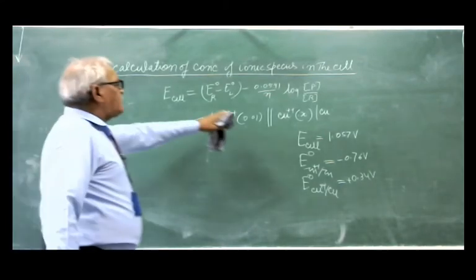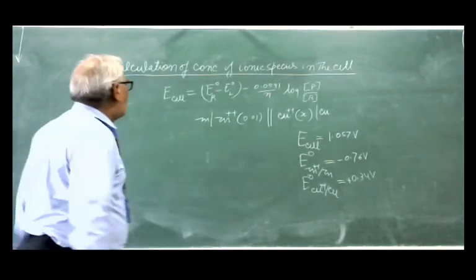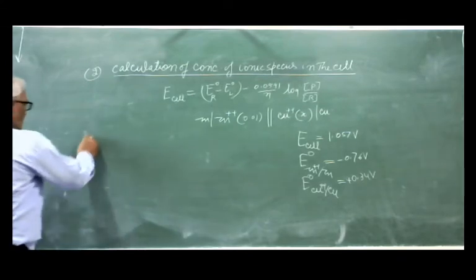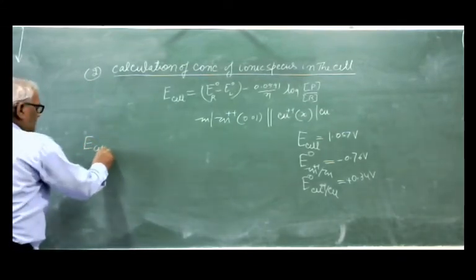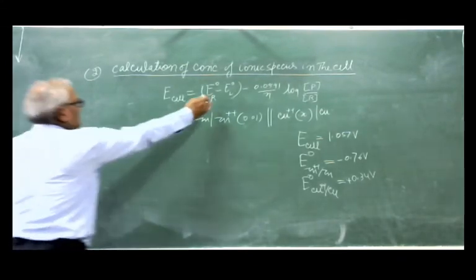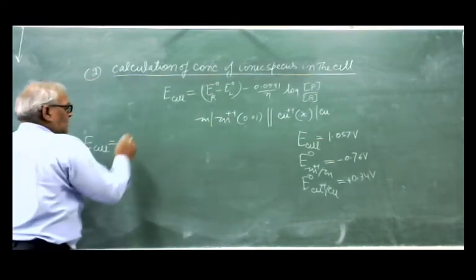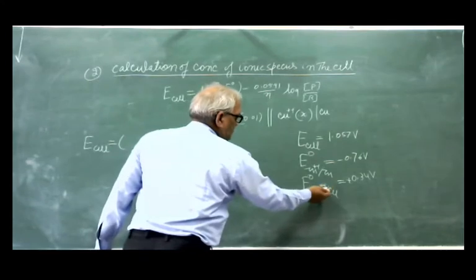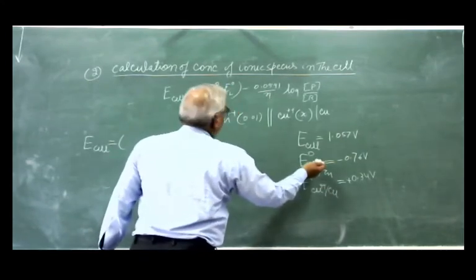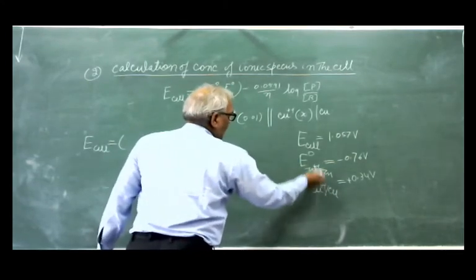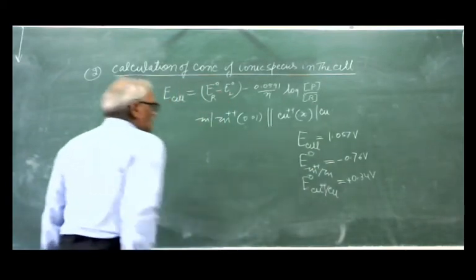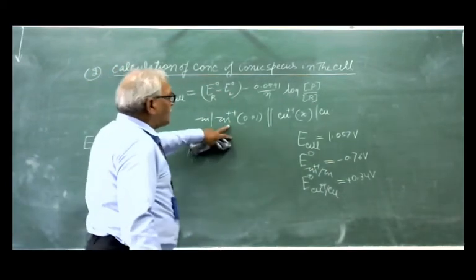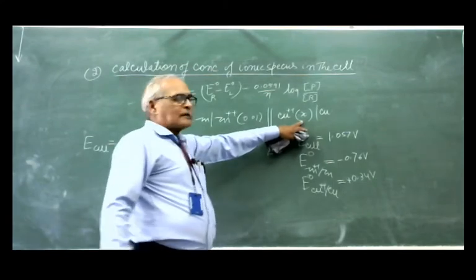For this cell reaction, we can say the EMF of the cell is equal to this. So you can write here E right, this is the right half cell, and this is the left half cell.